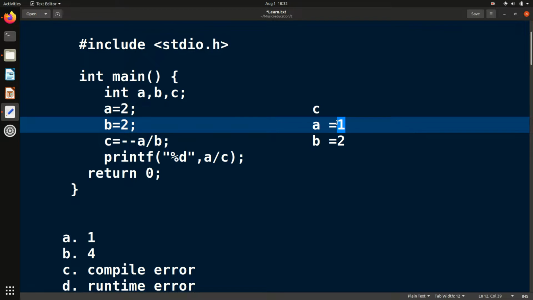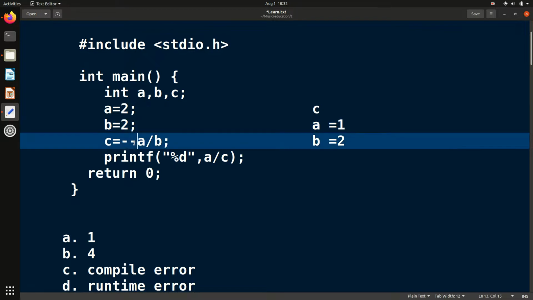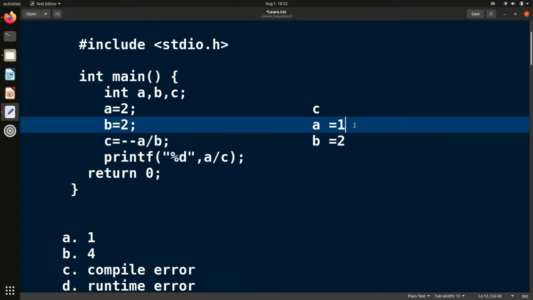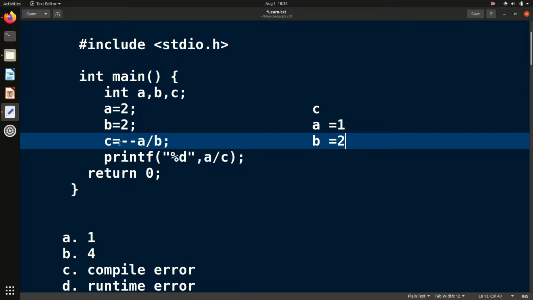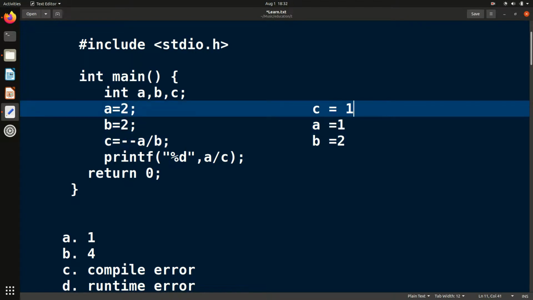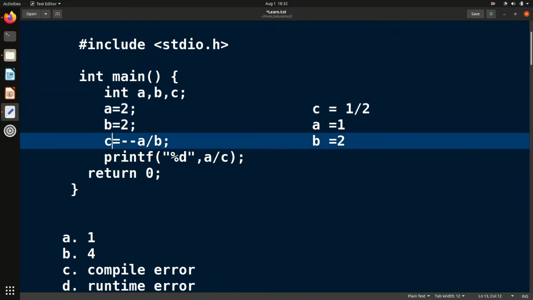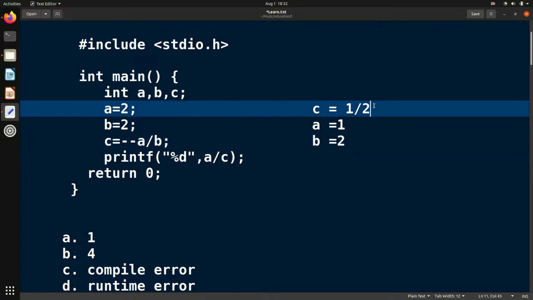We updated it here. So now a becomes 1 and b is the same, and c equals a by b, which means 1 by 2. Just keep note of all this, then it becomes very easy. So the c value we got is 1 by 2.